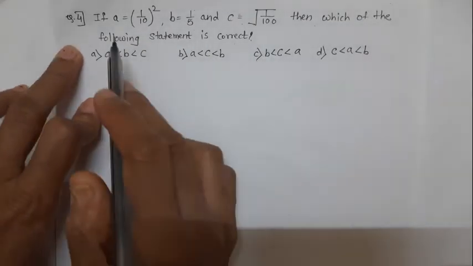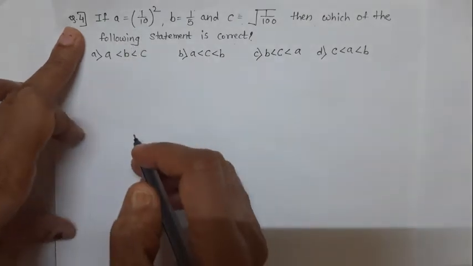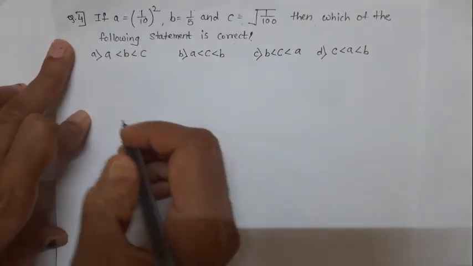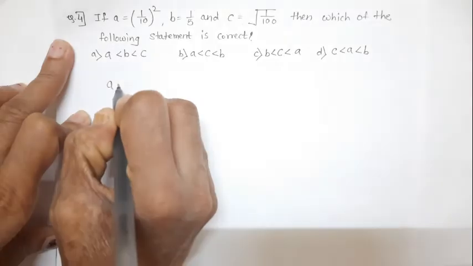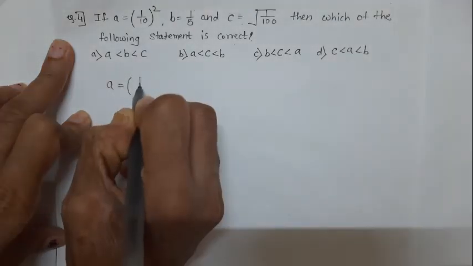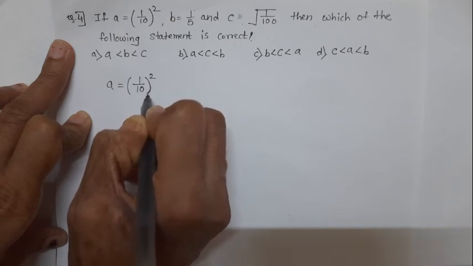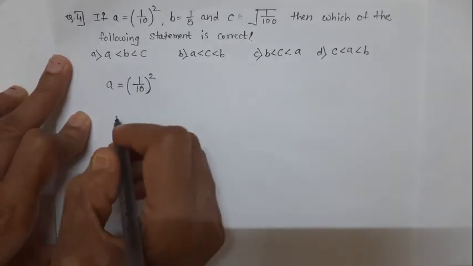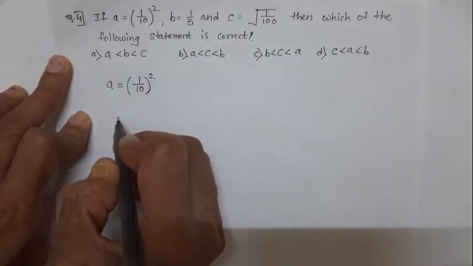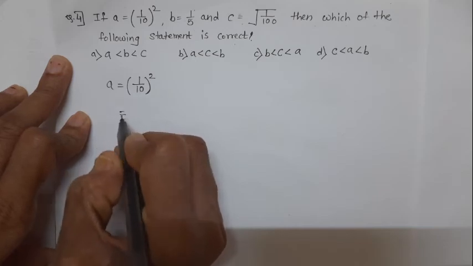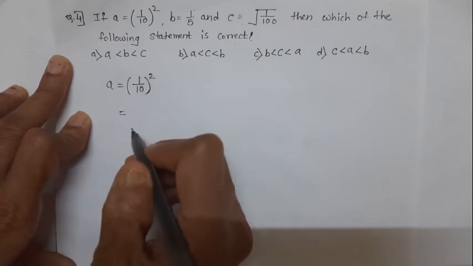Now A is equal to what is given? A is equal to (1 upon 10) whole squared. Now do the square of this number. How to do it? See, I am showing you. What is the square of 1?